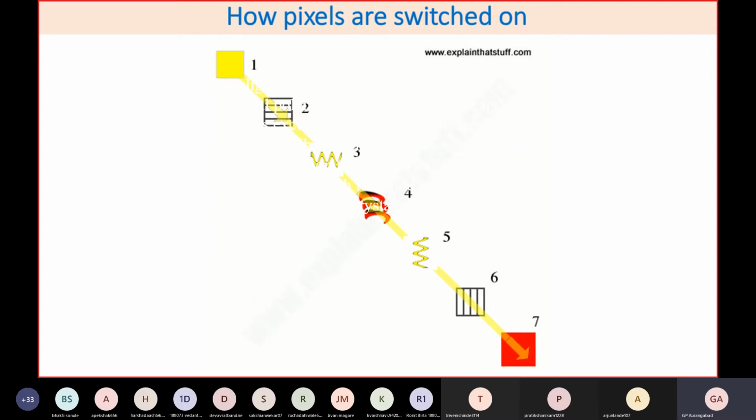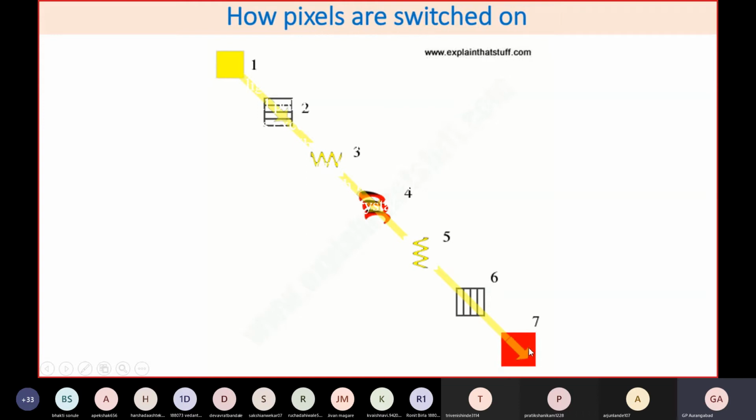That is why there is a 90-degree shift. These vertically polarized waves, when coming to the vertical polarized filter, pass through it. That means the entire light emitted from 1 comes through both the filters and is directly incident on the RGB, and immediately that light glows.